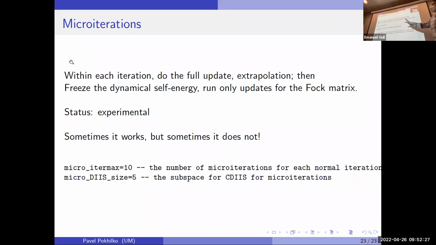So this weekend I ran an example with nickel oxide, I think it was a high spin solution. It was a GW calculation starting from UHF. If I run micro iterations, at first they kind of speed up.